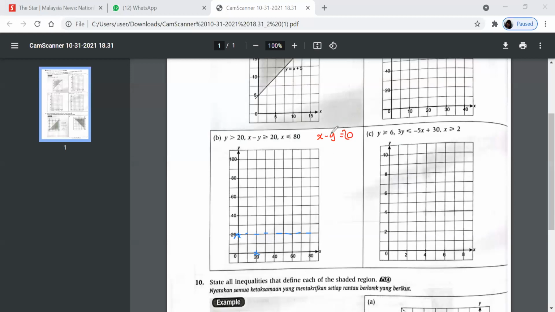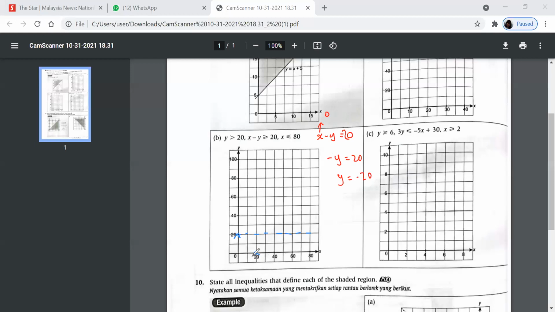When y is 0, yes, x is 20. When x is 0, negative y equals 20, right? So what is y? y is negative 20.